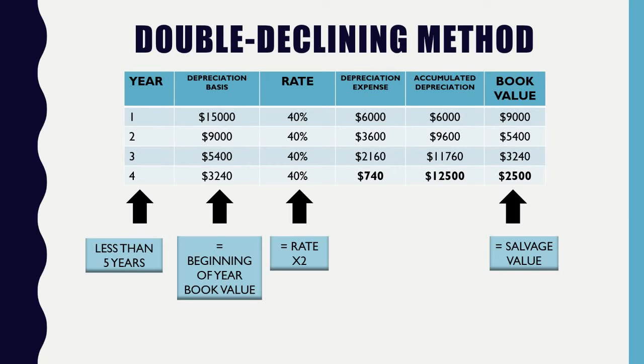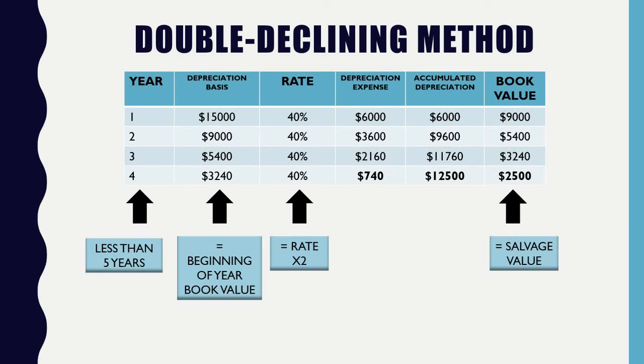This row is going to constantly be changing, but the rate will stay consistent. It will always be 1 over its useful life times 2. So once you solve for one of them, you can automatically know exactly what the rate is at all times. And of course, your depreciation expense is going to change because of your depreciation basis. Those are key factors that you need to know here.